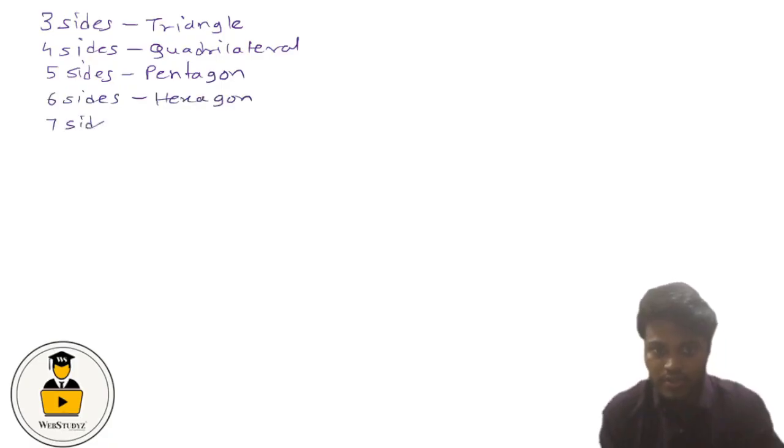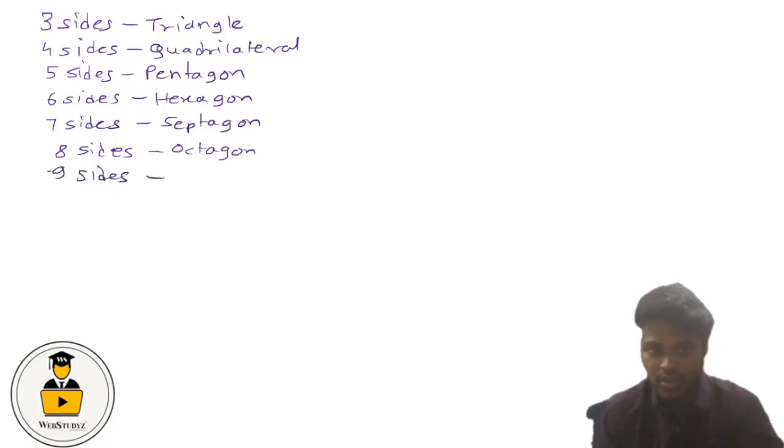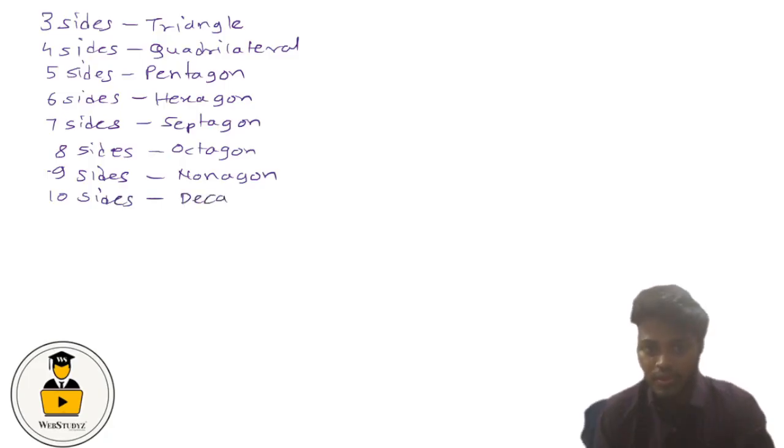For seven sides, we call it a septagon. If a polygon has eight sides, we call it an octagon. If it has nine sides, we call it a nonagon. And for ten sides, we call such polygons decagons. So these are different types of polygons based on the number of sides.